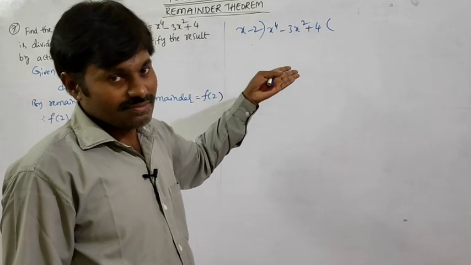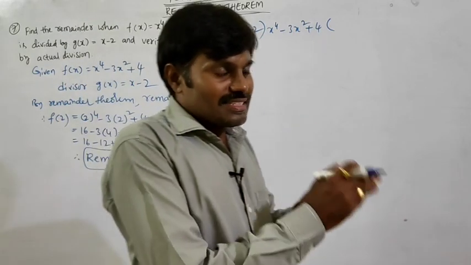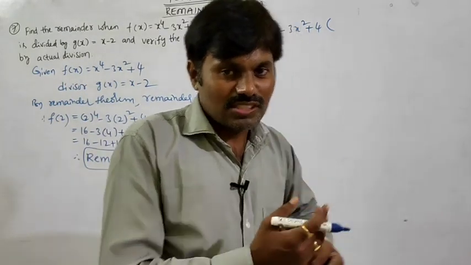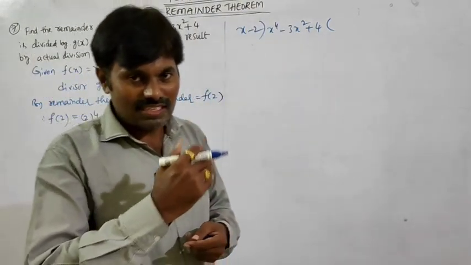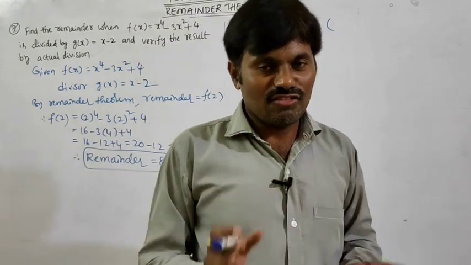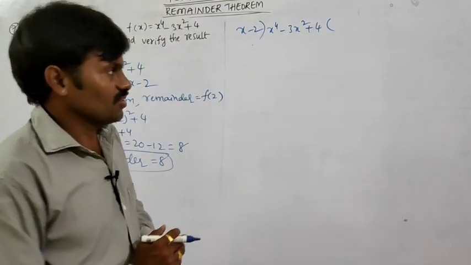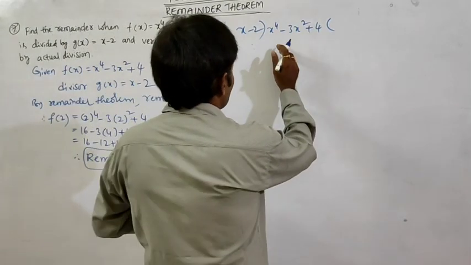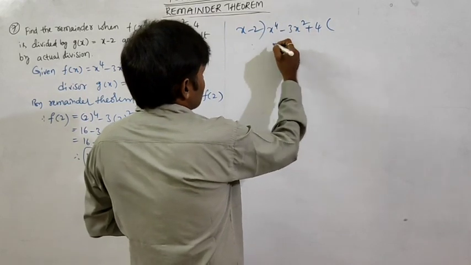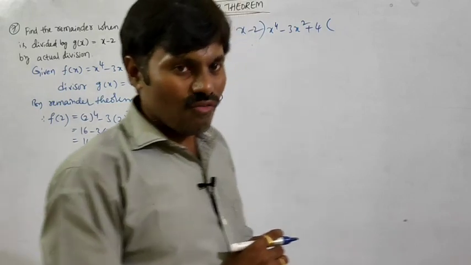Those terms are missing. So in this case, we have to consider the coefficients of those terms as 0 and proceed with the division for our convenience, or else you will get confused while doing the actual division. To avoid this confusion, I am replacing the missing terms by taking 0 as their coefficients.